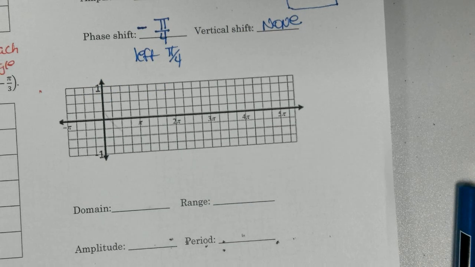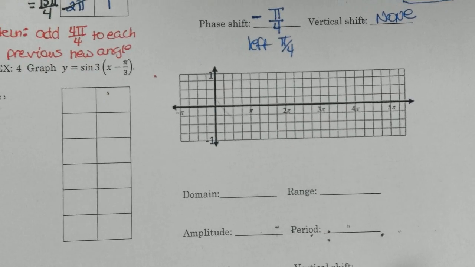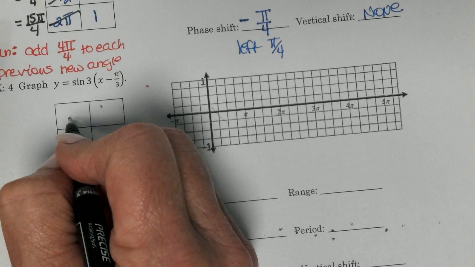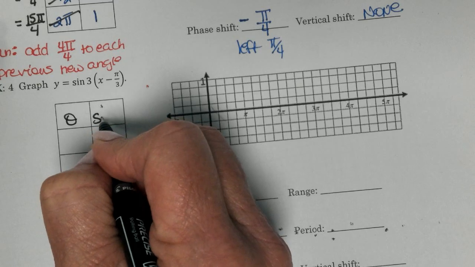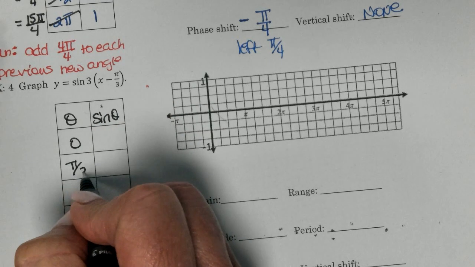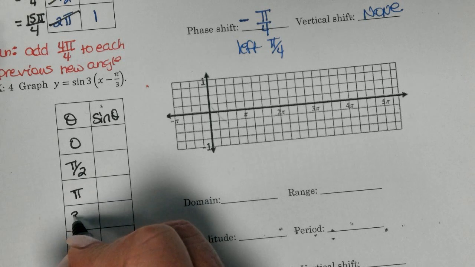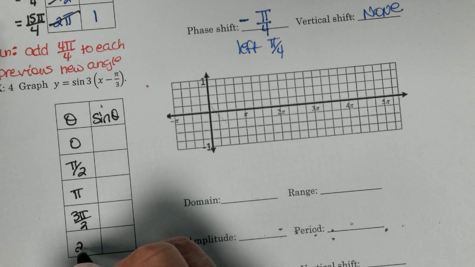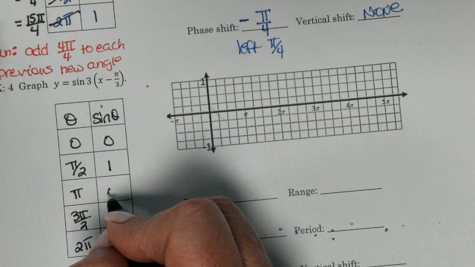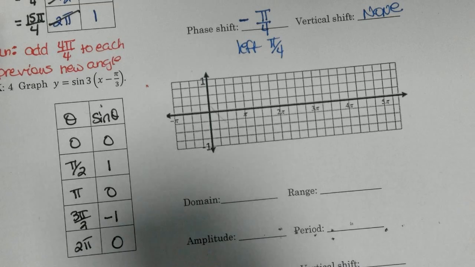Okay, for this last problem, what we're going to do, same thing. Let's start out by plotting our 5 key points, or putting them in our table. We've got 0, pi over 2, pi, 3 pi over 2, 2 pi, and then we've got, for sine, 0, 1, 0, negative 1, 0.